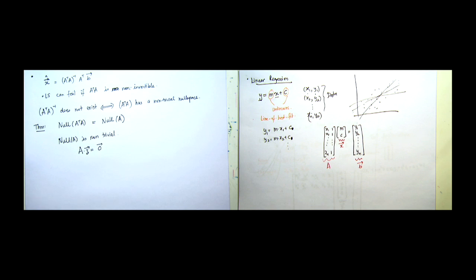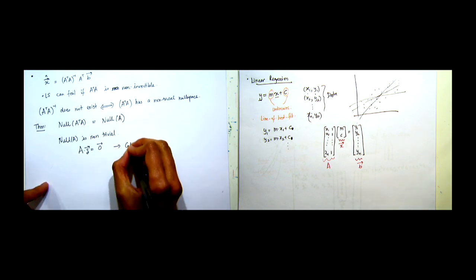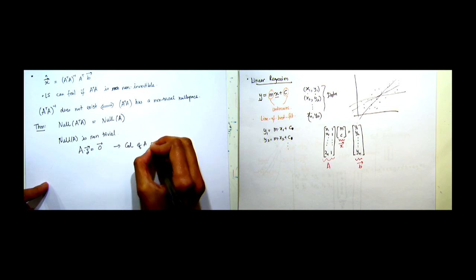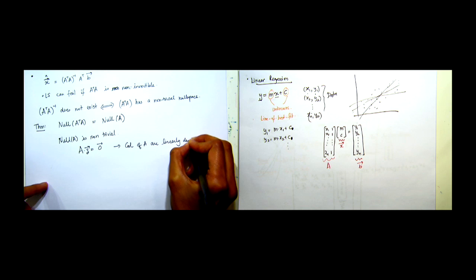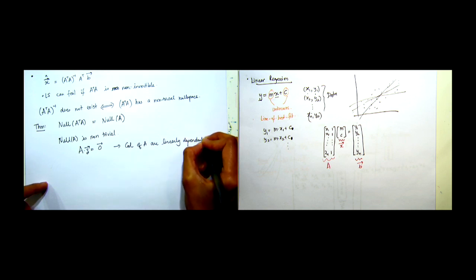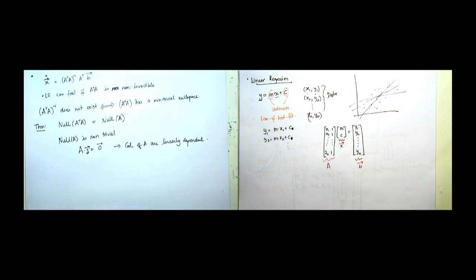Okay? But what this means is that basically the columns of A are linearly dependent, right? So by looking at whether or not these columns are linearly dependent, we can figure out whether or not A transpose A is going to be invertible.